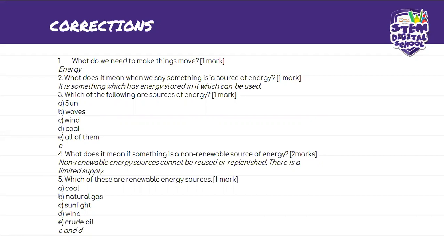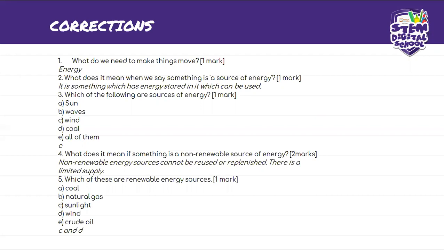What does it mean if something is a non-renewable source of energy? Non-renewable energy sources cannot be replenished. There is a limited supply. Okay. And now let's go on. Question 5, which of these are renewable energy sources?